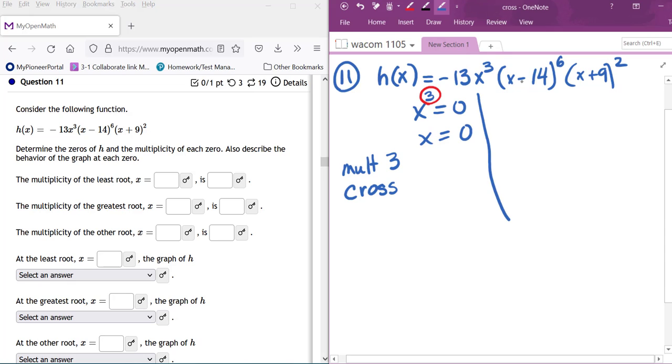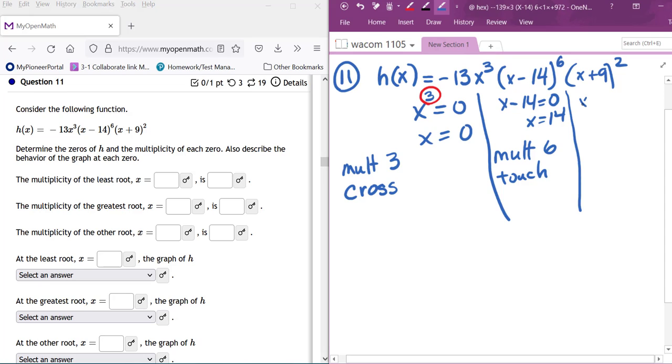Okay. Next, if we set this one equal to 0 to solve, it will be x equals 14. This one has an even multiplicity, multiplicity 6, which is even, and so it will touch and turn around.